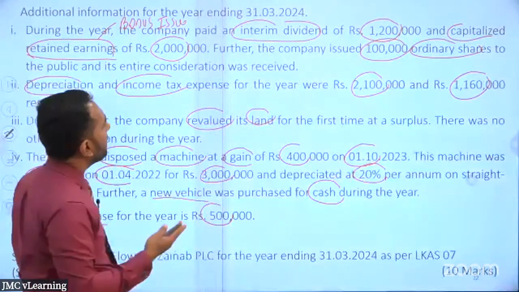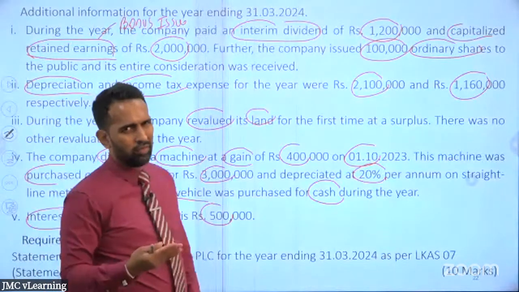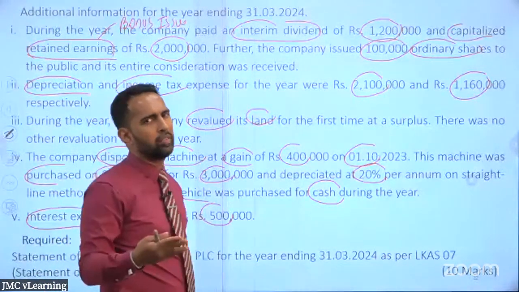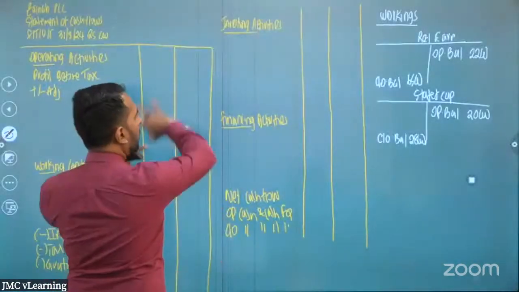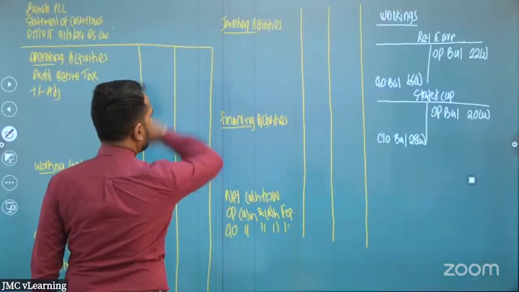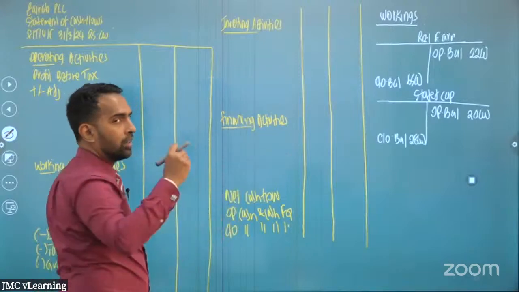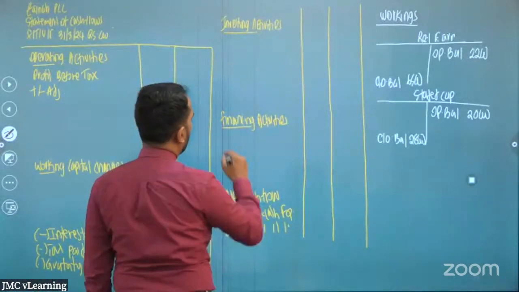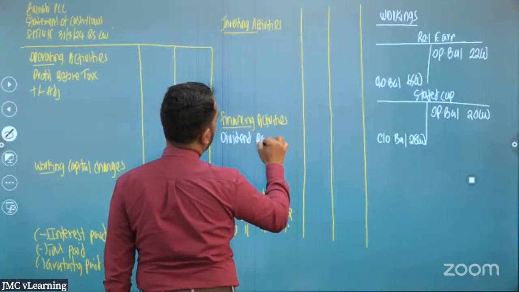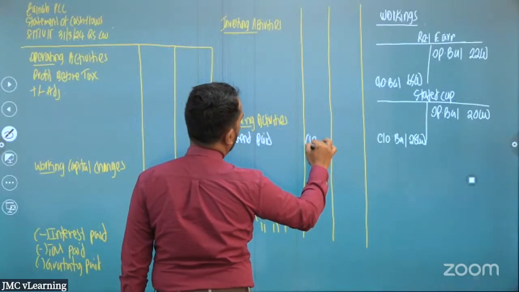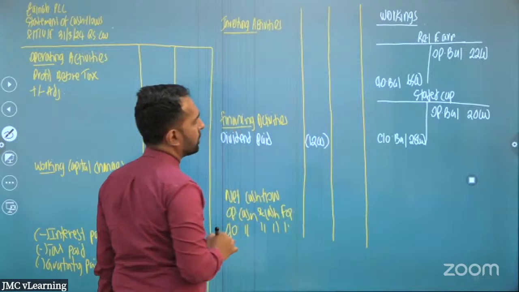Right. So the first one they say is they have paid a dividend. When you have paid a dividend, what is the double entry? One side cash comes down. So this is your cash account. Cash flow statement is the cash account. Dividend paid, cash comes down. So under the financing activities, dividend paid 1,200, cash comes down.